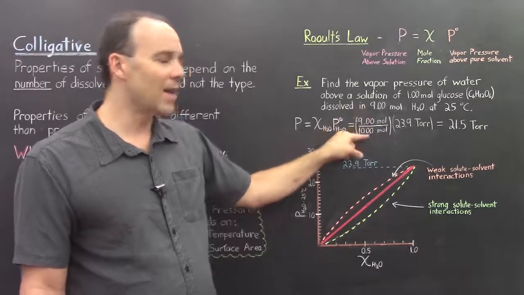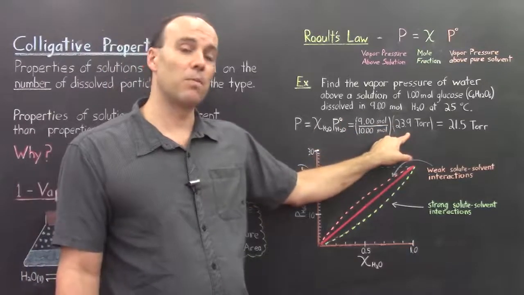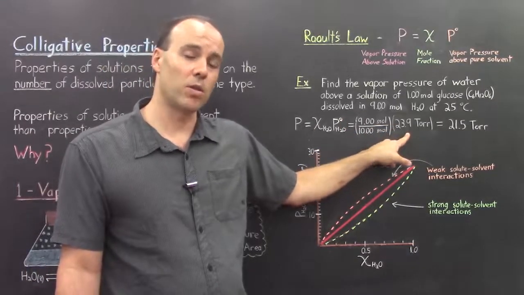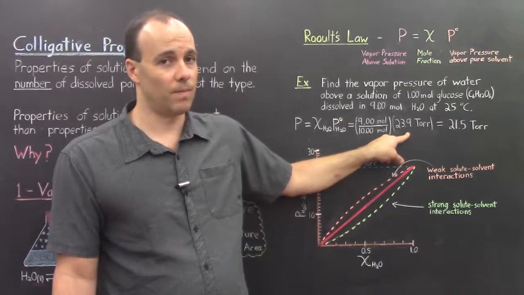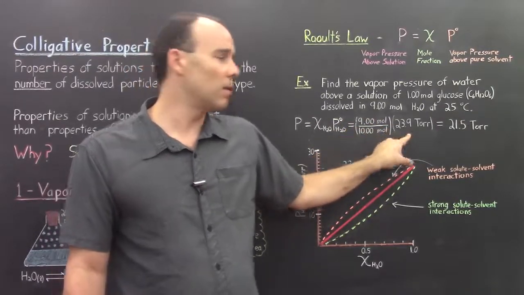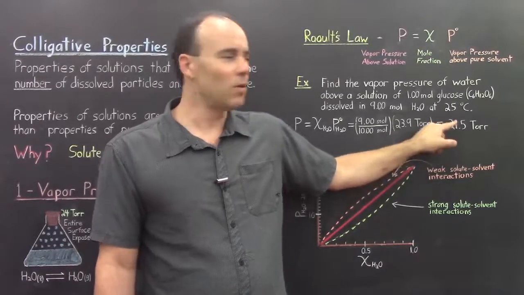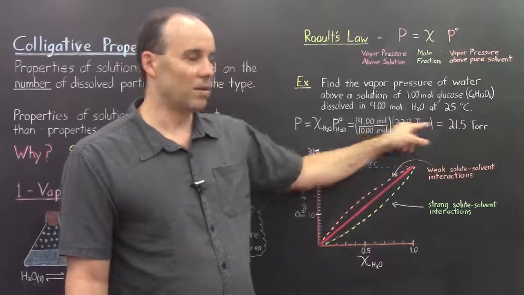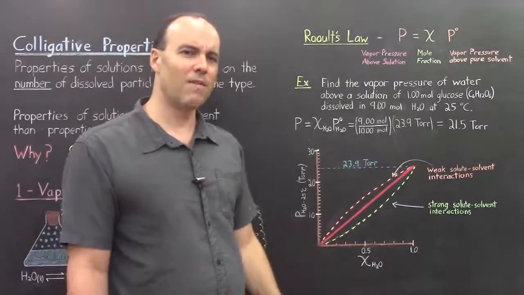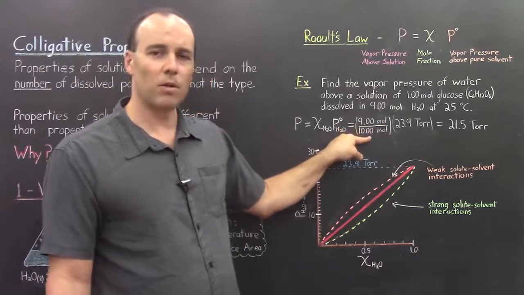So you have 9/10 for the mole fraction. And you multiply that times the vapor pressure of water at that temperature, which is 23.9 torr. So 9/10 times 23.9 torr, you end up with 21.5 torr. So it has decreased a little bit.